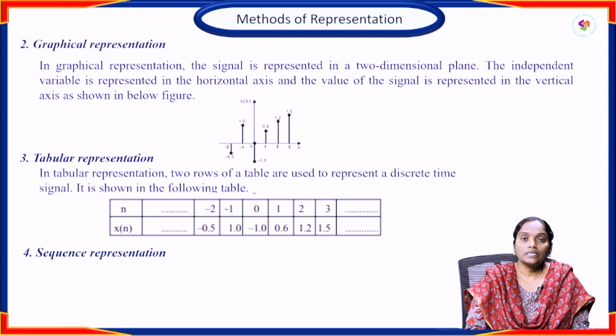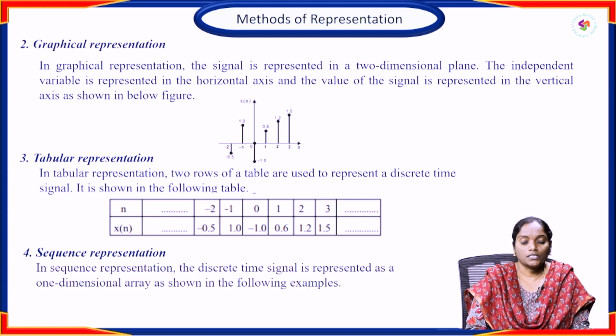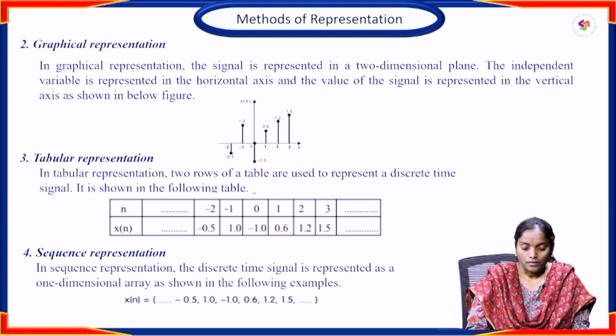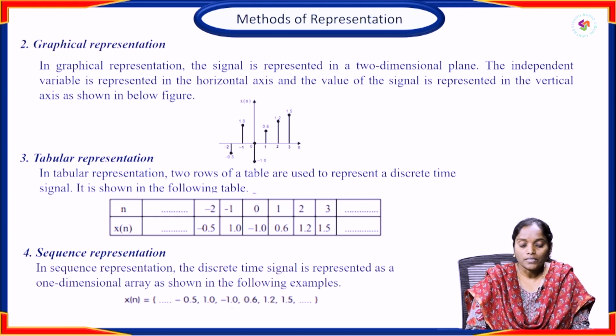And the fourth representation is sequence representation. In sequence representation, the discrete time signal is represented as a one-dimensional array. I have provided the example. This is the sequence representation of x of n: x of n equal to a sequence. All these samples represent the amplitude.